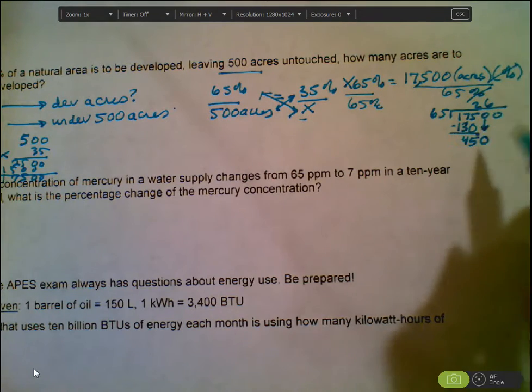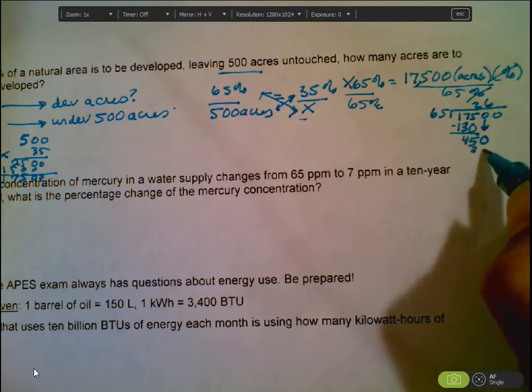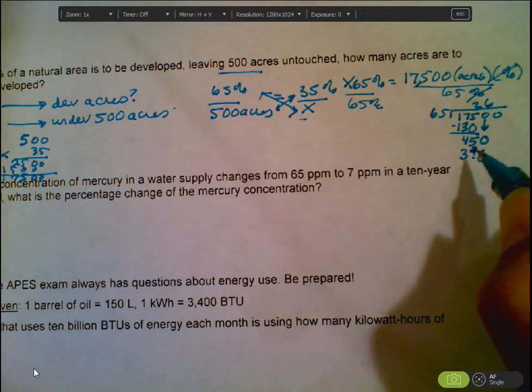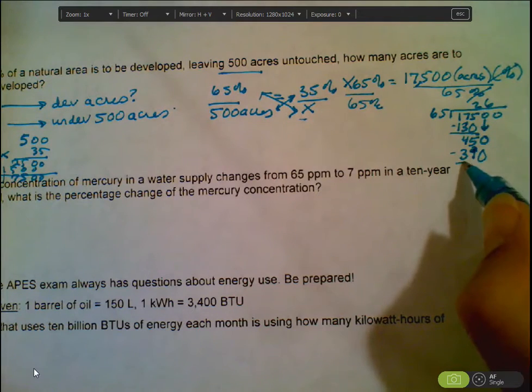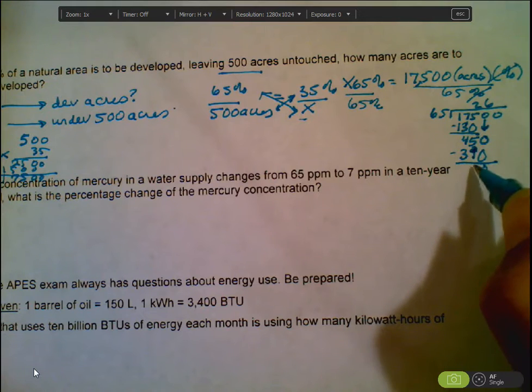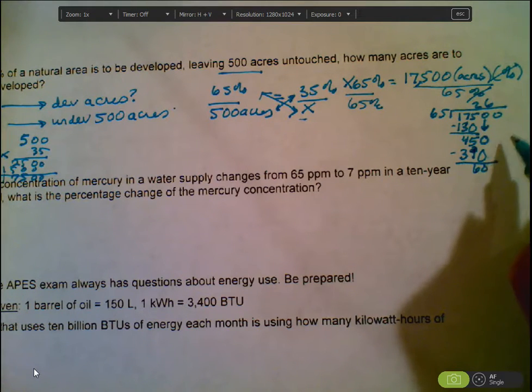But 6 times 5 would be 30. 6 times 6 is 36. 36 and 3 is 39. So 450 minus 390 will give us 45 minus 39 is 6. So now draw my arrow down.